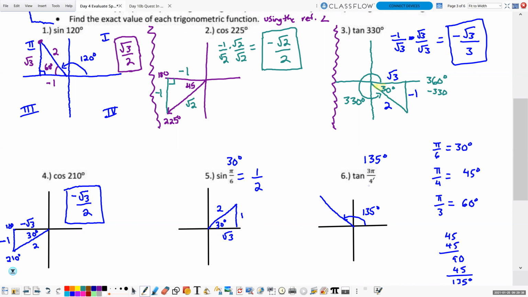And you're totally allowed to convert these whenever you want. It's not going to be like a law. 45. So this goes back 1, up 1. That's still root 2. So the sine of 135, opposite over adjacent, is just going to be -1.